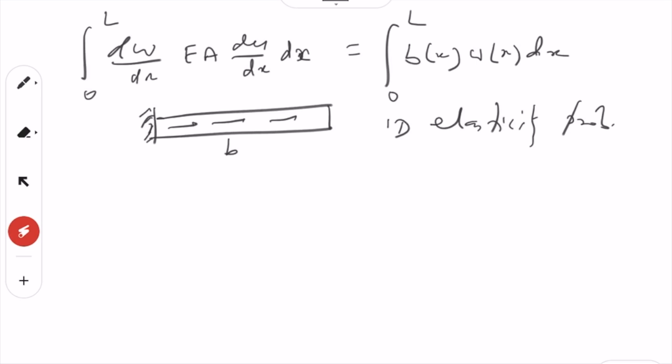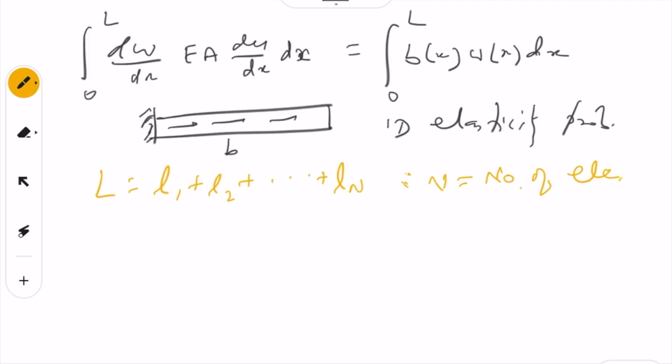So, the whole domain, the total L, has been converted into L1 plus L2 till the number of elements, where n is the number of elements. And we formulate for each element.